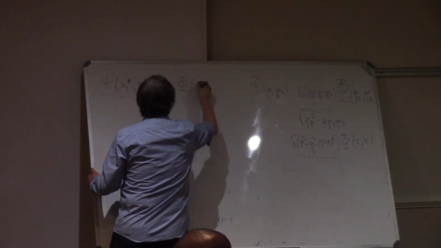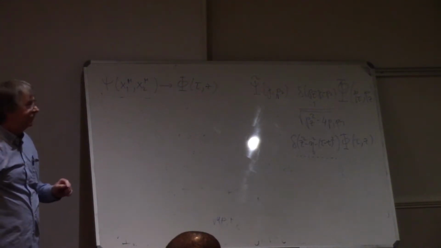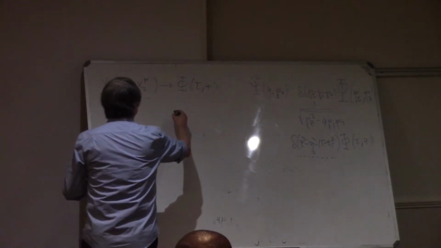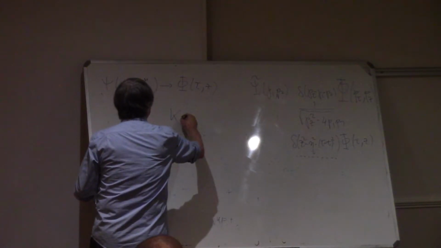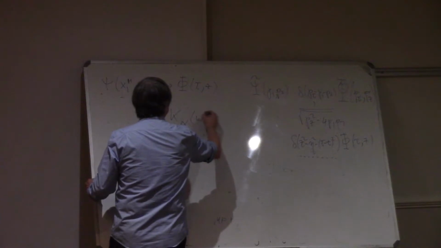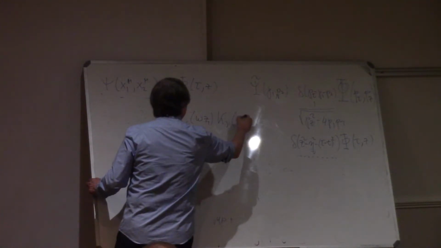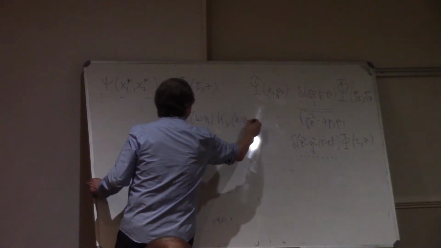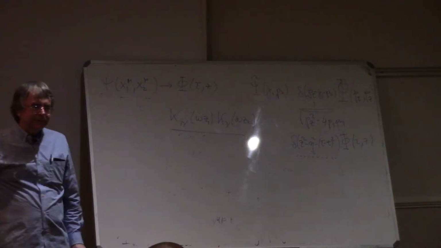And the propagator in this Euclidean AdS, after this transform, tau and z, looks as follows. It is these wave functions K_mu(omega z1), K_mu(omega z2), divided by that eigenvalue that I had.